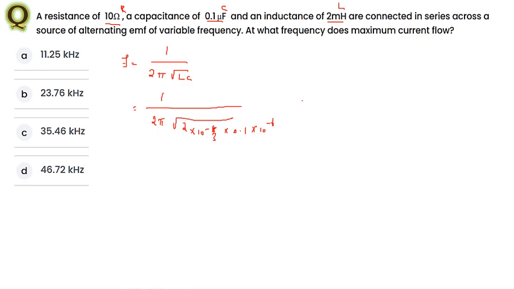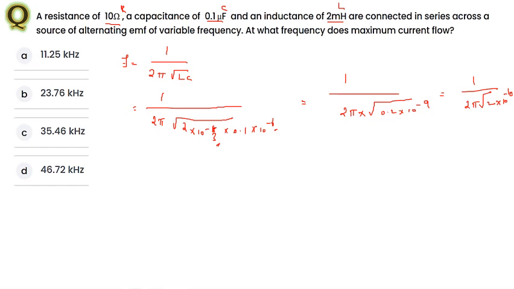So 1 divided by 2 pi into square root of 2 into 0.1, which is 0.2 into 10 power minus 6 and 10 power minus 3. If you add together, this is 10 power minus 9. So 1 divided by 2 pi into square root of 2 into 10 power minus 10.